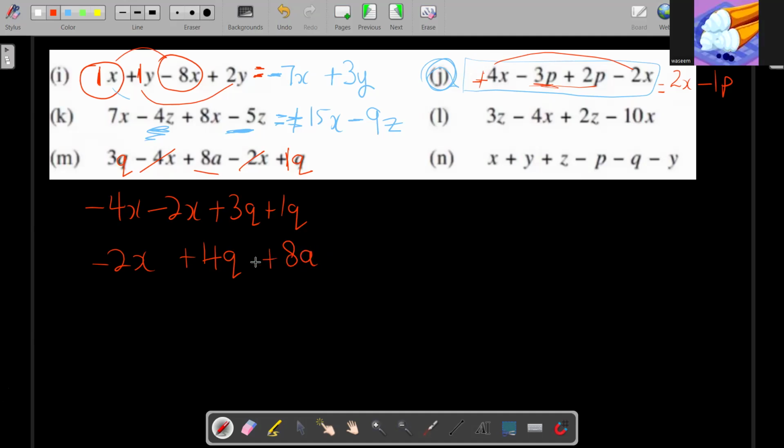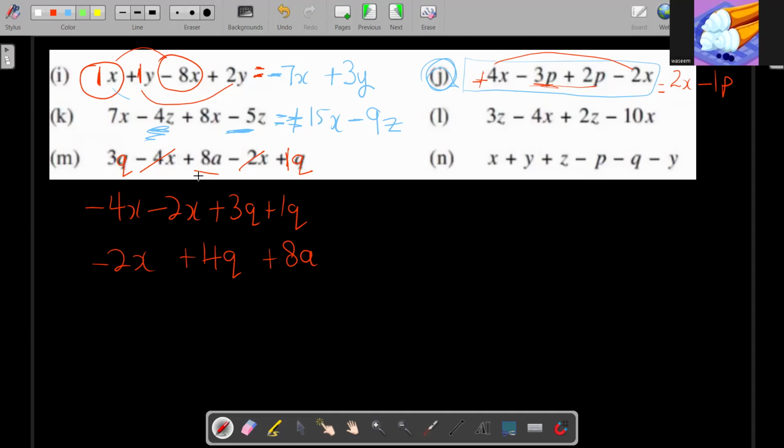Something is not adding up here; there is a little mistake. Somebody help me out. What mistake did you make here? Anybody can tell me? Zayad Gilbert, what mistake did you make here? I didn't do the homework. At least yours is honest. Colin, what mistake did you make here? It was supposed to be positive 2x.